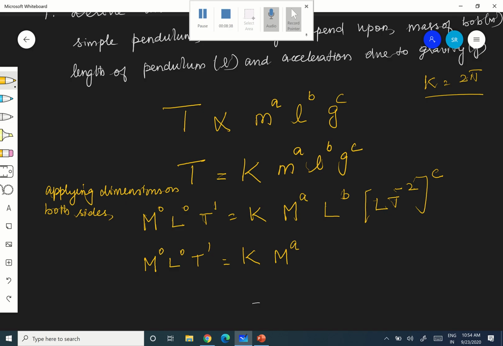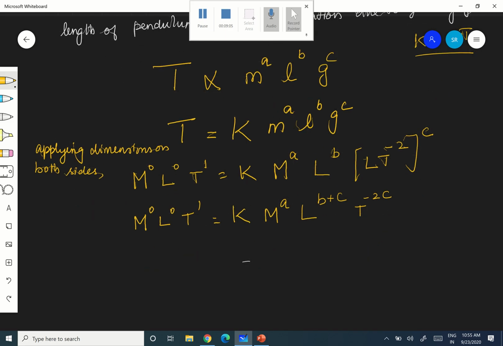Then next one, L. L power b, and here one L power c is also there, no? So you add both: L power b plus c. Then next one, T power minus 2c. Hope you are following, children.